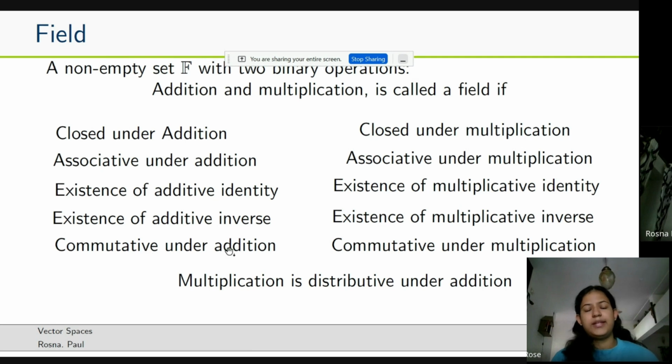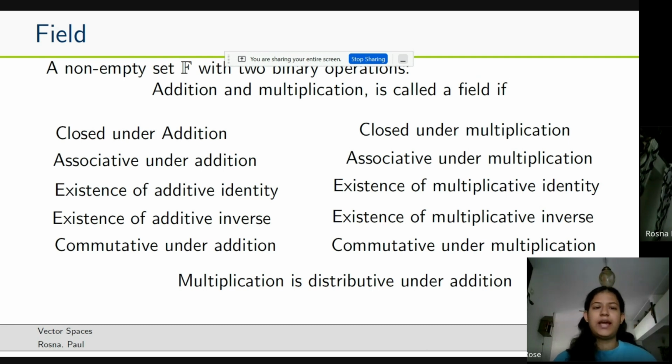And addition is commutative, because 2 plus 3 is the same as 3 plus 2, and multiplication is commutative, that is 2 times 3 is the same as 3 times 2, and multiplication is distributive over addition. So you don't have to remember all these things. I just mentioned this to give an impression of what a field is. We don't need any of this definition right now, but just remember that usually when you define a vector space, you need something called a field.